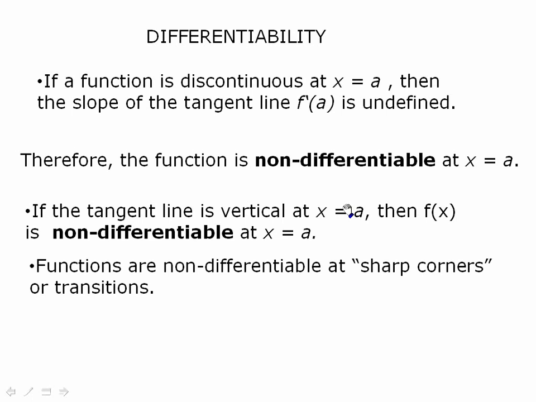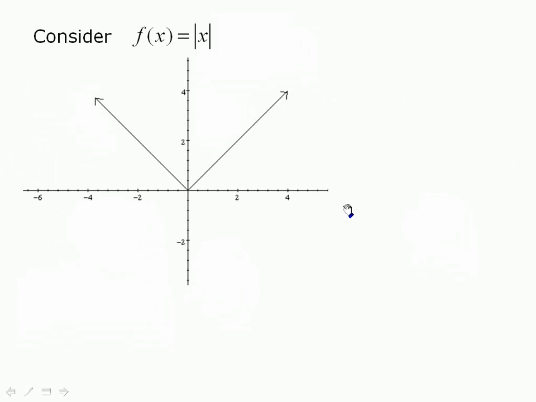And functions are non-differentiable at sharp corners or transitions. Now this is something that will require a bit more exploration later on. But if you take a look at this graph, for example, that we have right here in front of you, it's your classic absolute value function. And if you were to examine the x equals 0 point and try to make some sense of this, we have the equation for it.